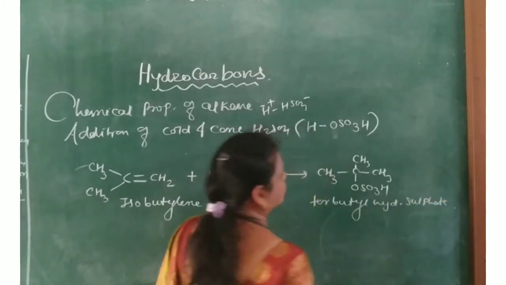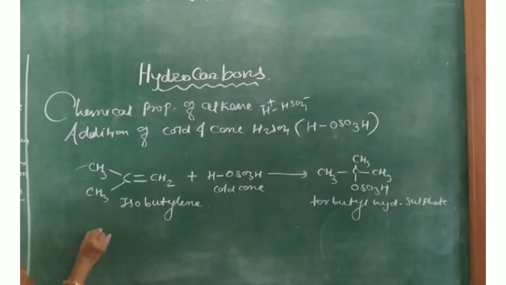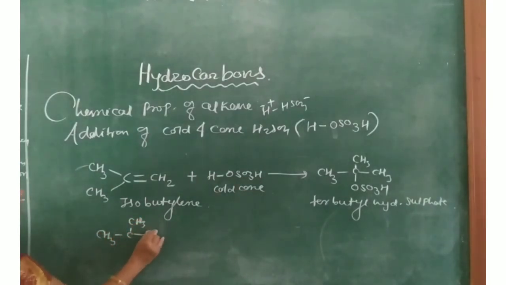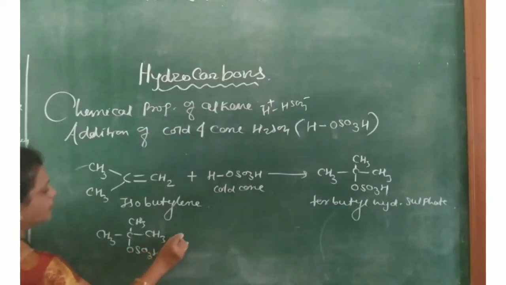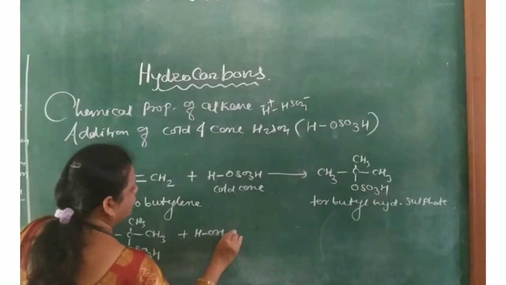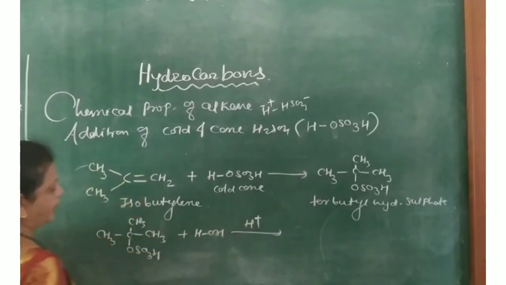Tertiary butyl hydrogen sulfate. After tertiary butyl hydrogen sulfate, CH3CCH3, again here CH3 and OSO3H plus HOH with H positive.